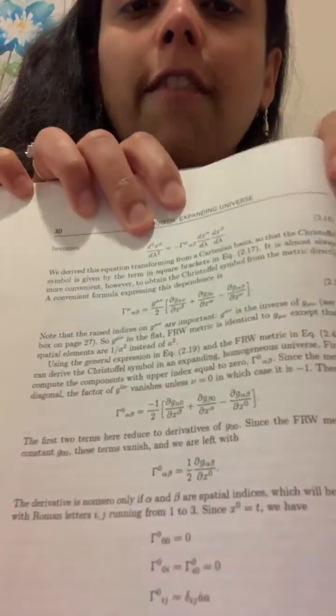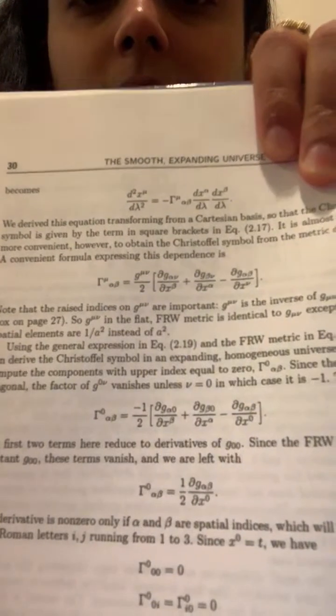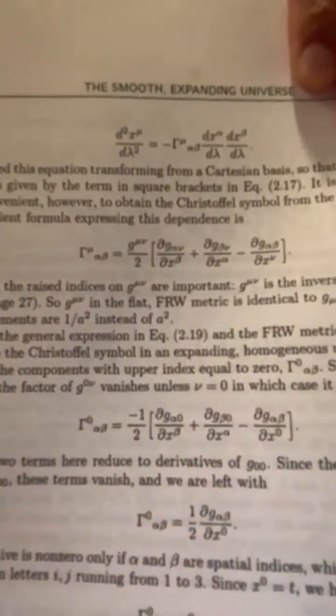We needed the Christoffel symbol in the first place because it's not just one in this particular type of coordinate system. It's got to do with that metric. Note that the raised indices on G mu nu are important because G mu nu with the raised indices is the inverse of G mu nu with the subscript.